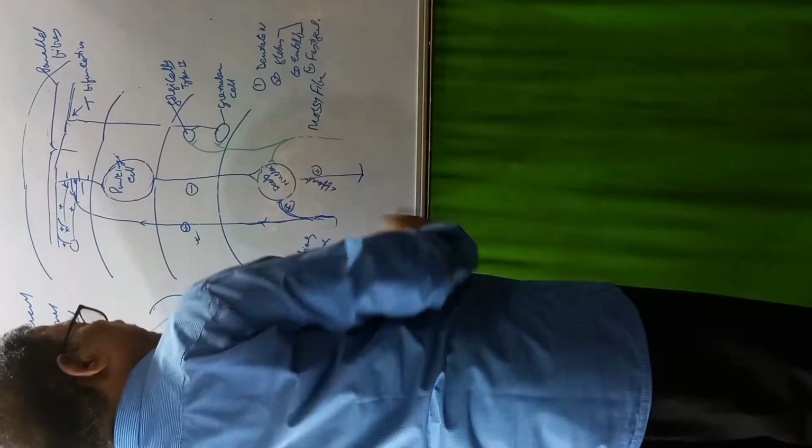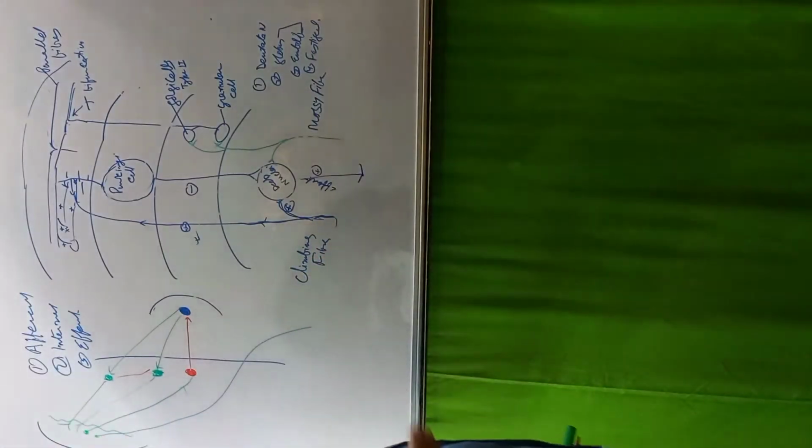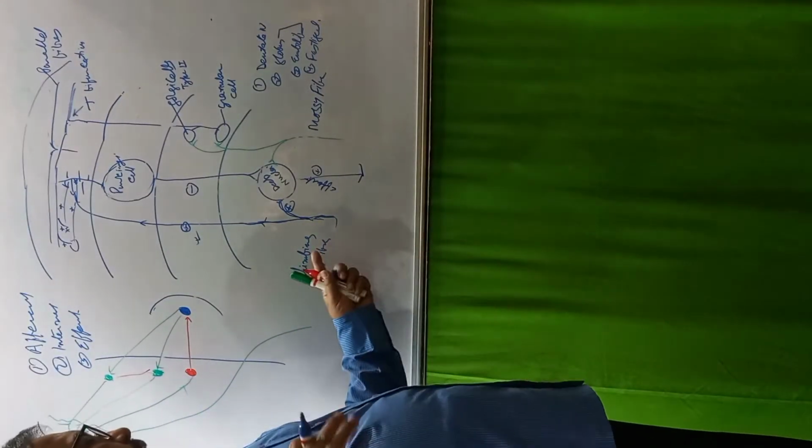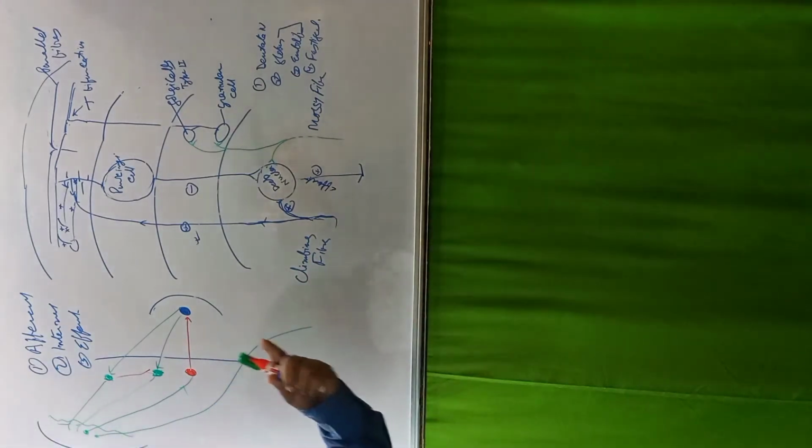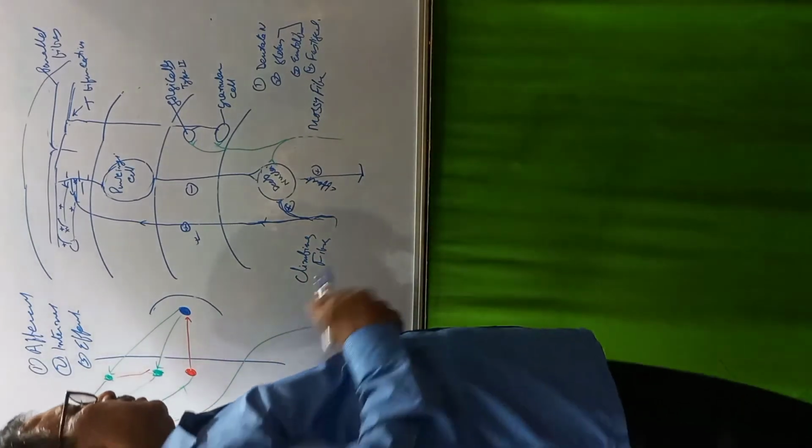And mossy fibers. All fibers coming into the cerebellum except the climbing fibers are collectively known as mossy fibers.